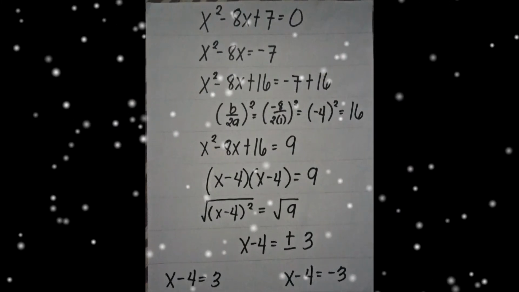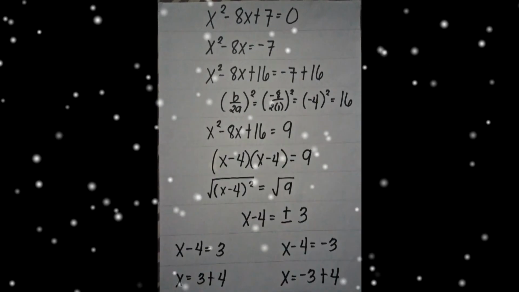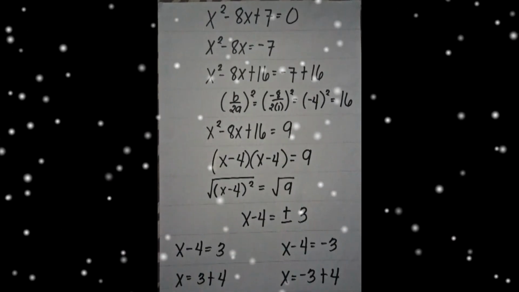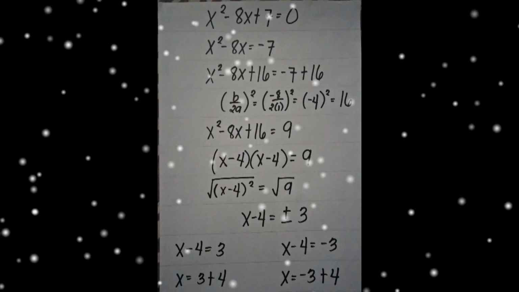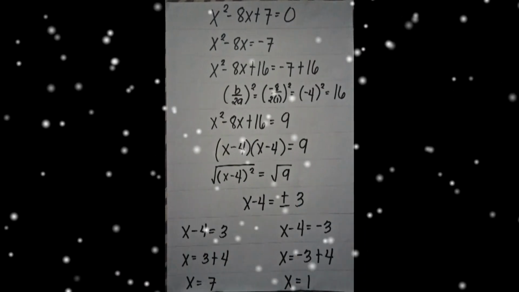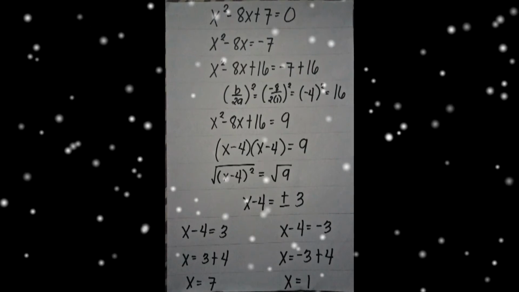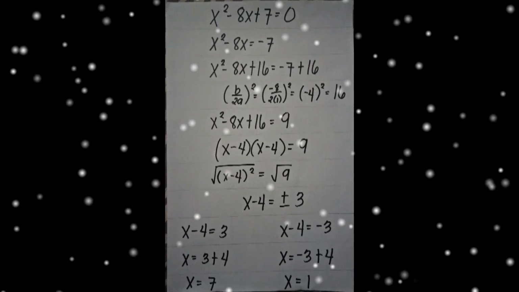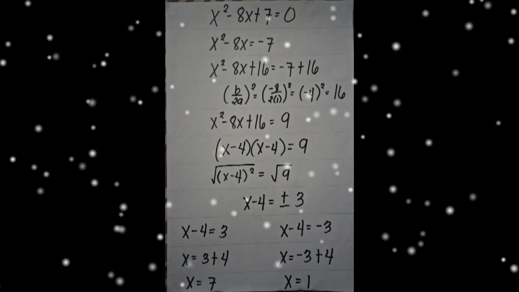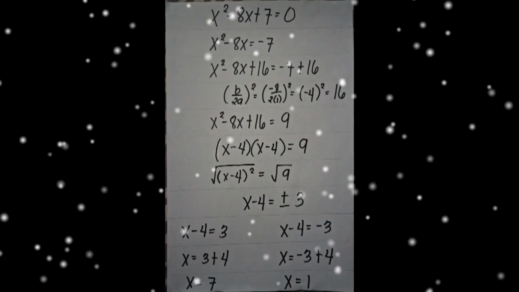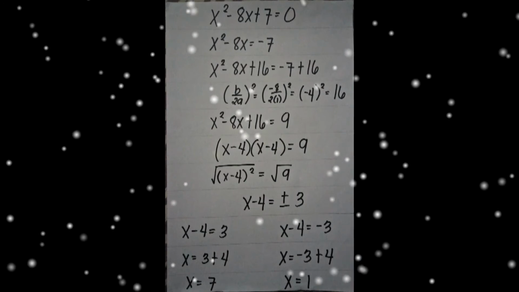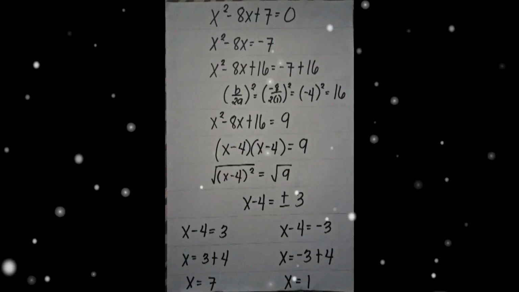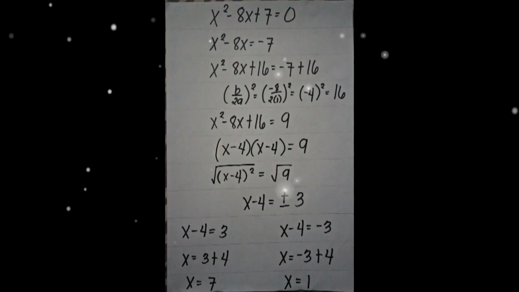Then transpose negative 4, change sign, and it will be x equals 3 plus 4, so x equals 7. Then the other one is get the negative side. X minus 4 equals negative 3, then transpose negative 4, and it will be x equals negative 3 plus 4 equals 1. So the final answer is x equals 7 and x equals 1.